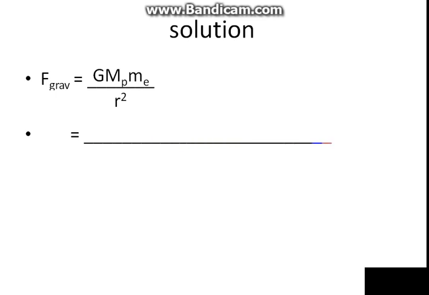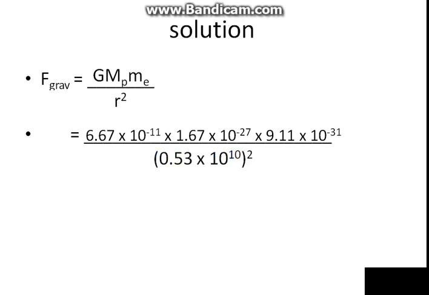Substituting the values, we have the G constant to be 6.67 times 10 raised to power minus 11 times the capital M is 1.67 times 10 raised to power minus 27 times the small m is 9.11 times 10 raised to power minus 31 all over the radius, which is in bracket 0.53 times 10 raised to power minus 10 squared, which will now give us 3.6 times 10 raised to power minus 47 Newton.